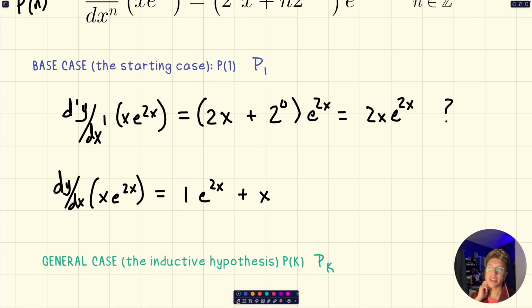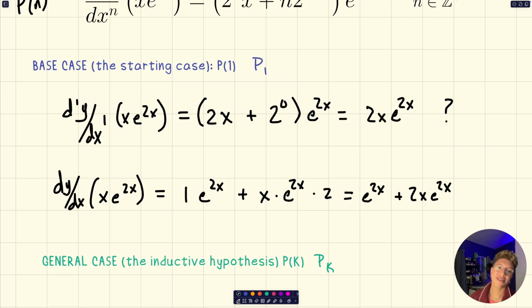The derivative of e to the 2x requires the chain rule. So we know that the outside function is e. The derivative of e is the same. We keep the inside the same, the 2x keeps that the same. And we multiply by the derivative of 2x, and that gives us 2, like that. So we simplify that, and we get e to the 2x plus 2x e to the 2x, like that.